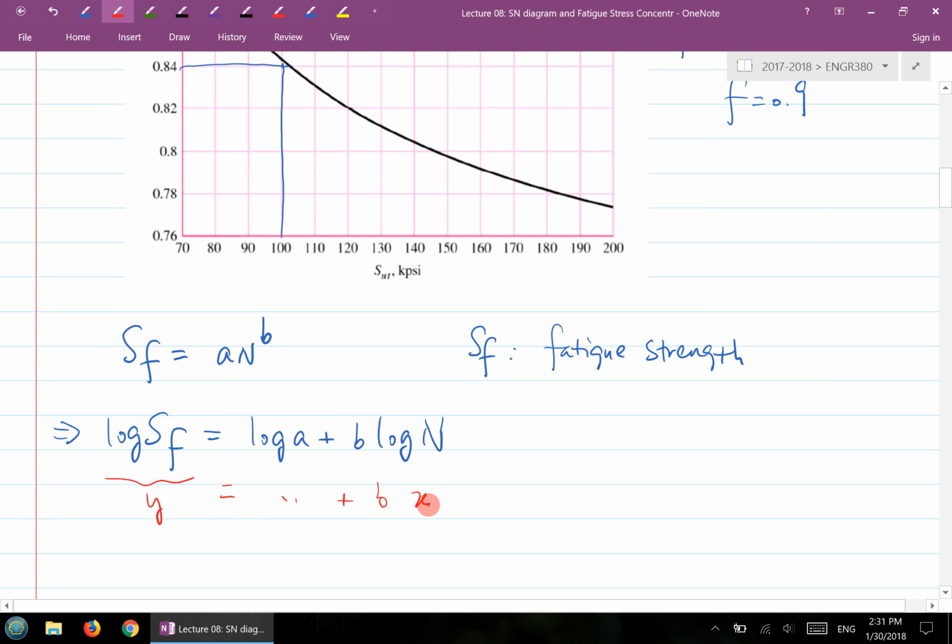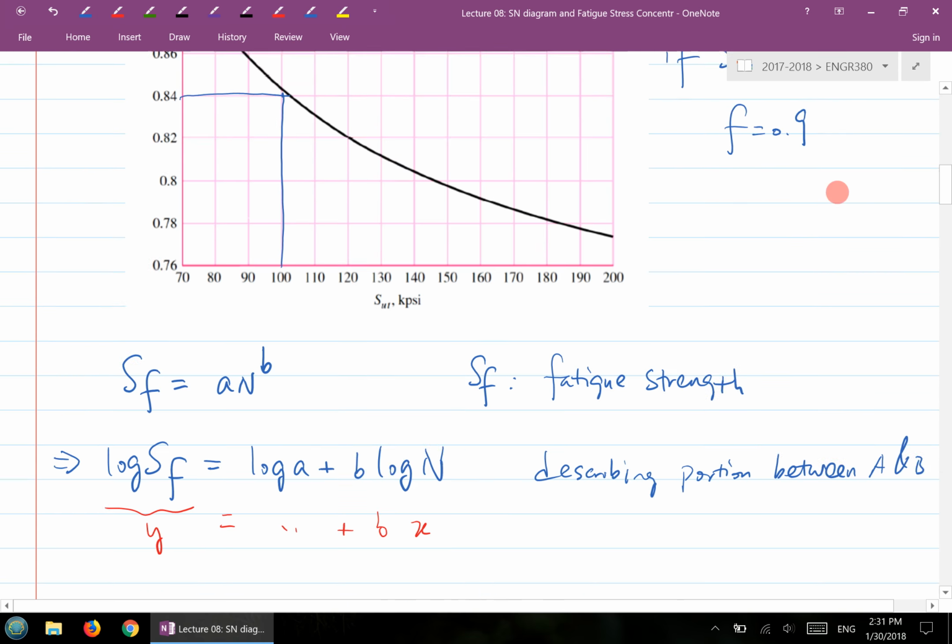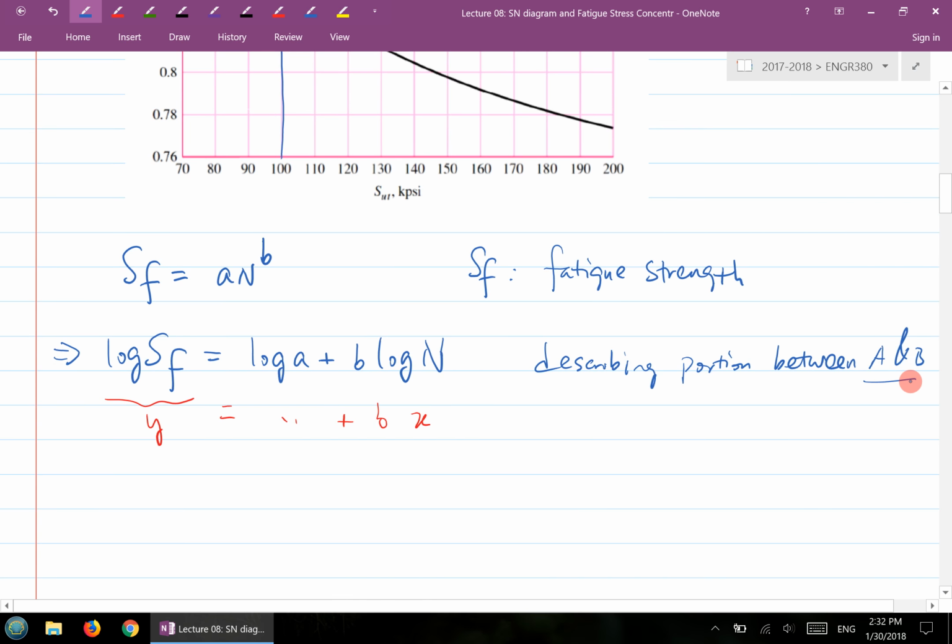This is basically a straight line, and it is a line describing the portion between the A and B points.